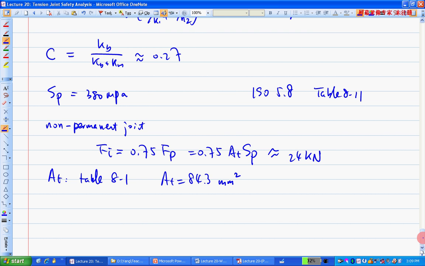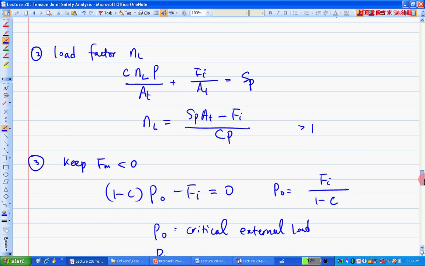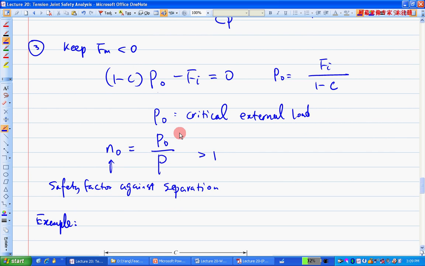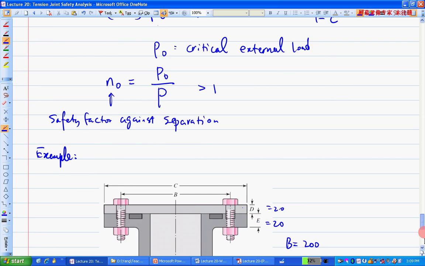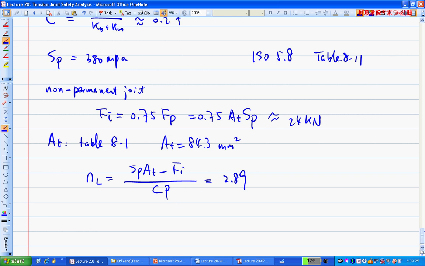Then all we need to do is to substitute all the numbers into the safety factor equation. In this case, I'm trying to calculate this one and this one. So NL equals SPAT minus Fi over CP, and that equals 2.89, using all the numbers that we already calculated.